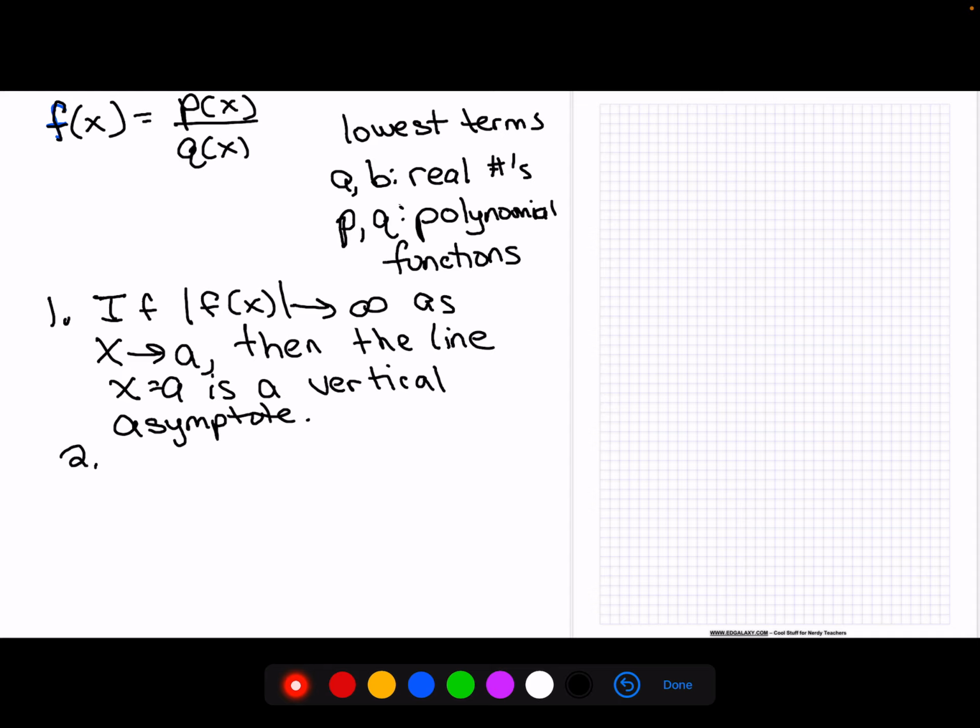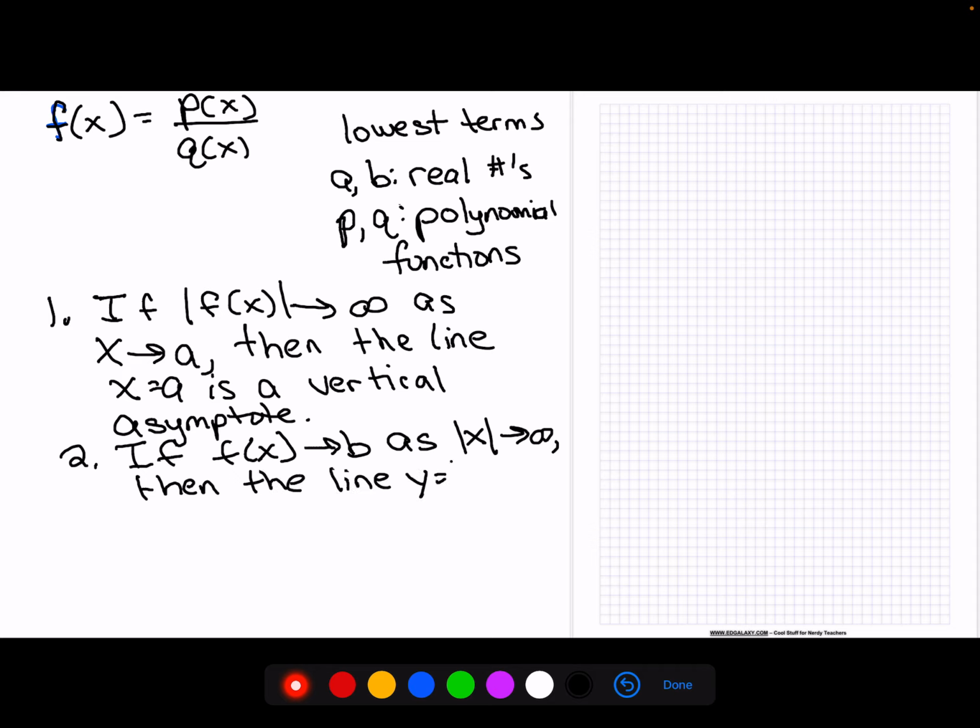If f of x goes to b as absolute value of x goes to infinity, then the line y equals b is a horizontal asymptote.